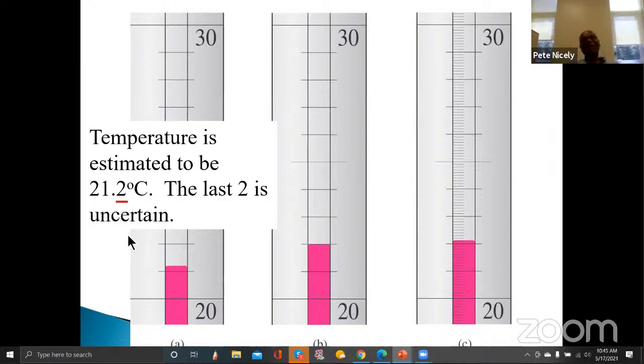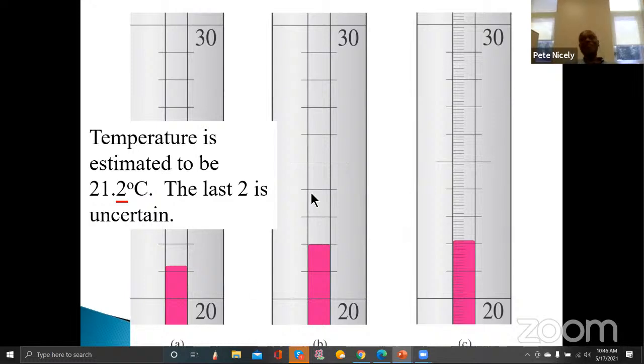Another person could just as well say this is 21.3, and that person would be just as correct. That's how you determine the uncertain digit: by estimation, based on the scale you're using. That's what limits the level of precision of the instrument, which is the type of scale that the instrument has.